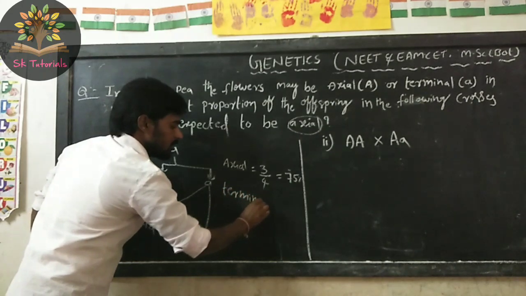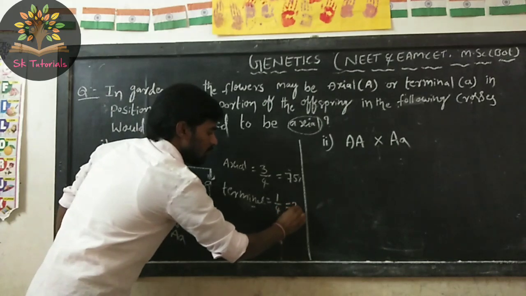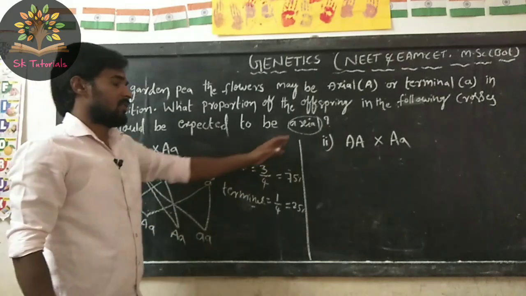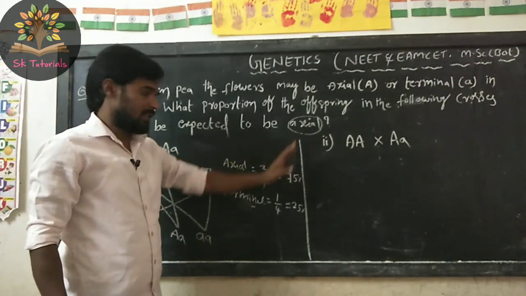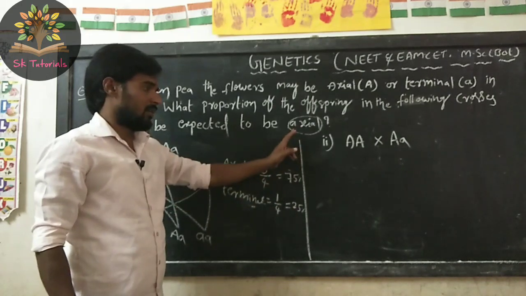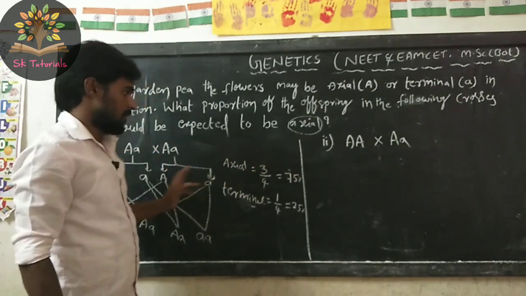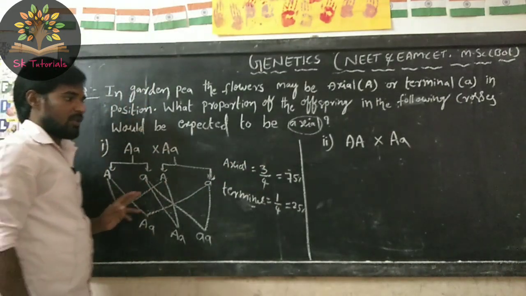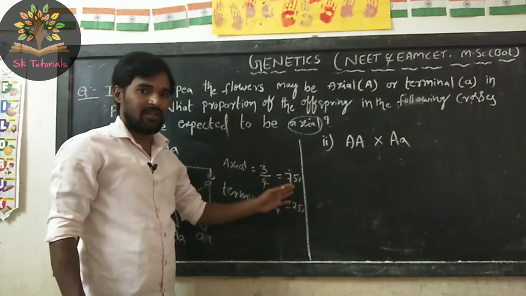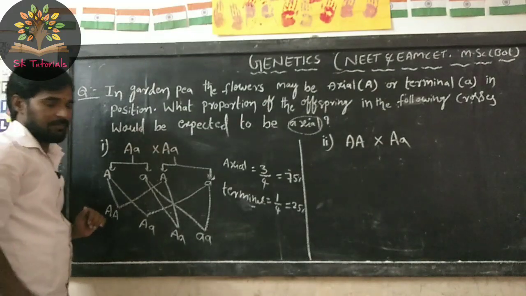That is equal to 1/4, that is 25%. If they are asking the terminal proportion, the answer is 25%. But here they asked about the axial proportion, so in the first cross the proportion is 3/4 or 75%. This is the first question's answer.